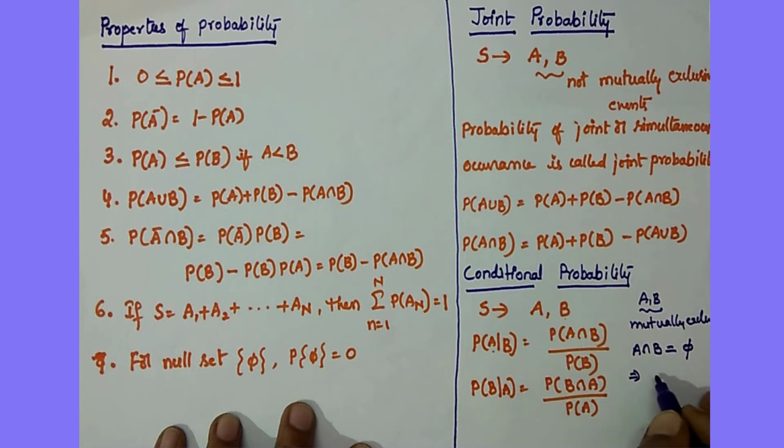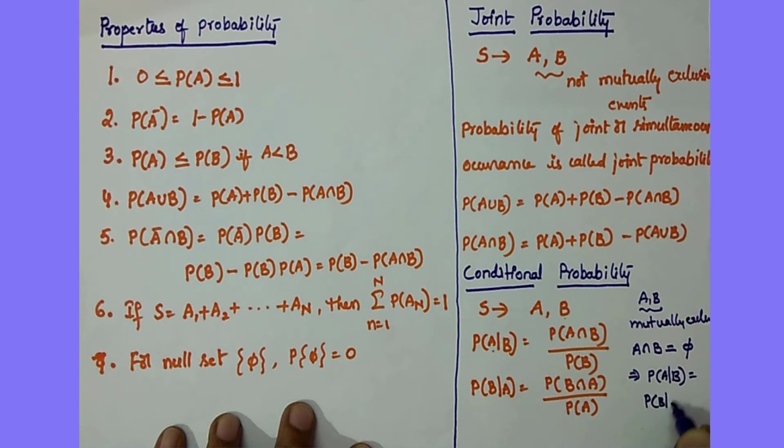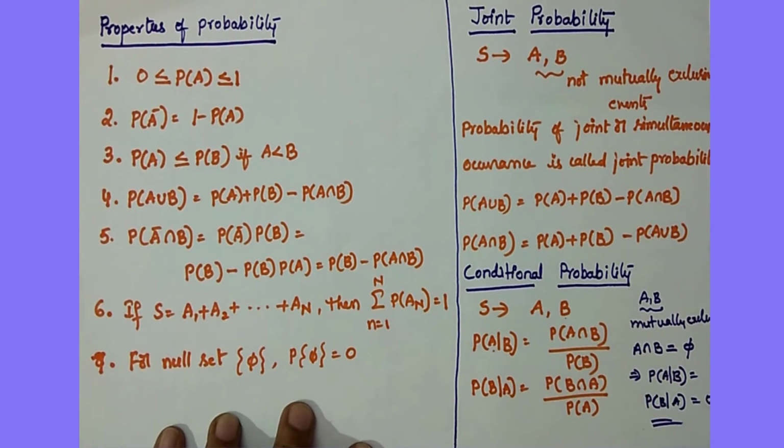So P of A by B or P of B by A becomes 0. What is the conclusion here? Conditional probability is defined for not mutually exclusive events, and joint probability is also defined for not mutually exclusive events. For mutually exclusive events, the conditional probability is 0.